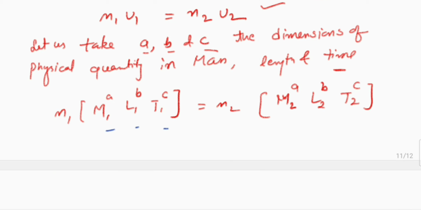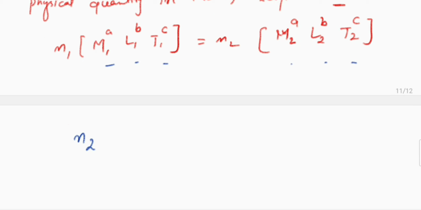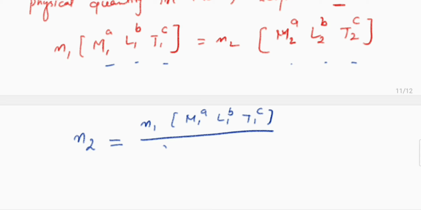m1, L1, T1 and m2, L2, T2 are the units of mass, length and time in two different systems. So we can write n2 is equal to n1 m1 raised to power a, L1 raised to power b, T1 raised to power c divided by m2 raised to power a, L2 raised to power b and T2 raised to power c.